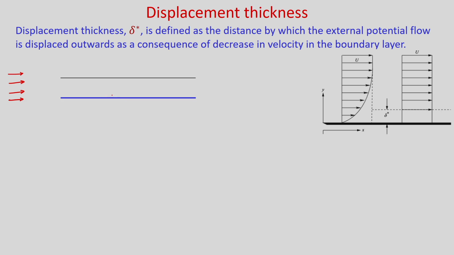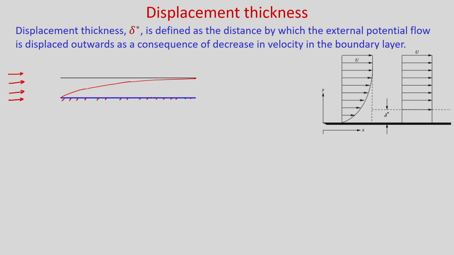Now, if you bring this flat plate here, obviously there will be formation of boundary layer, like this. Due to formation of this boundary layer, you know that this streamline will no longer be parallel to this plate, or it will not be horizontal.